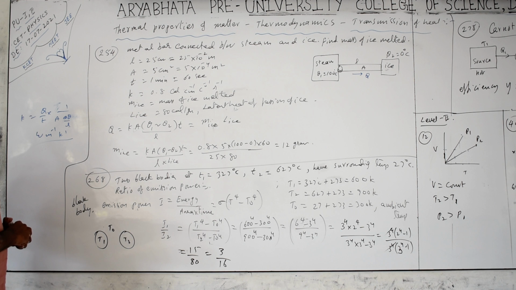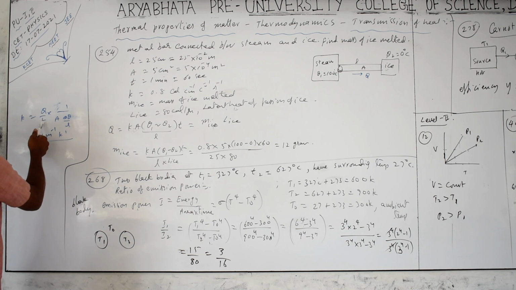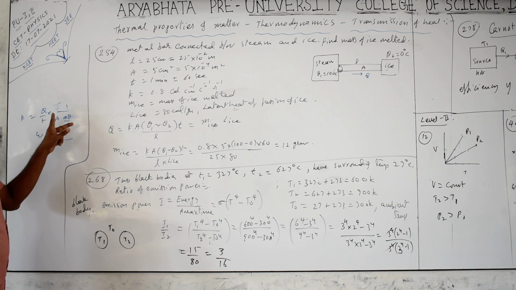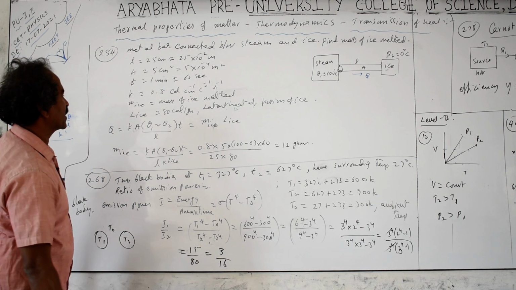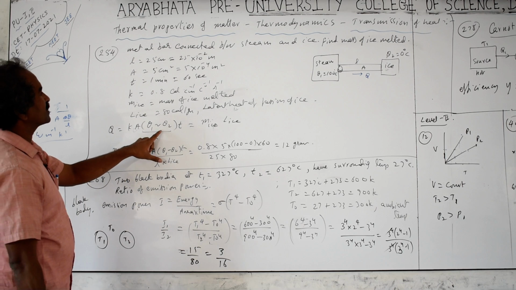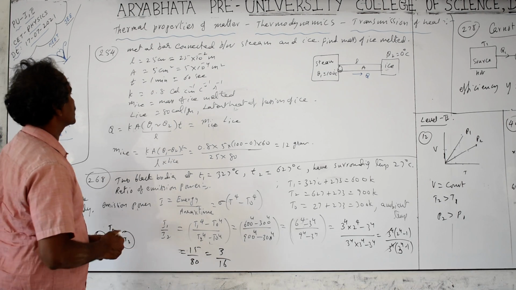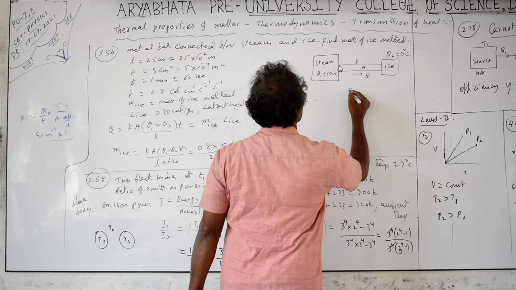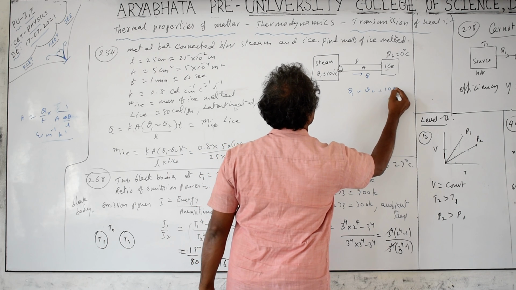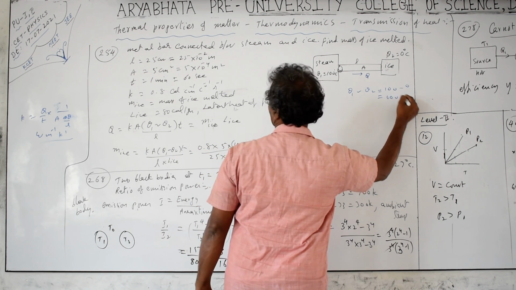But when taking calories, it is calories per second per centimeter per degree centigrade or per Kelvin. Temperature difference in degree centigrade and Kelvin is the same. So the temperature difference, theta 1 minus theta 2, is 100 minus 0, which is equal to 100 degrees centigrade.